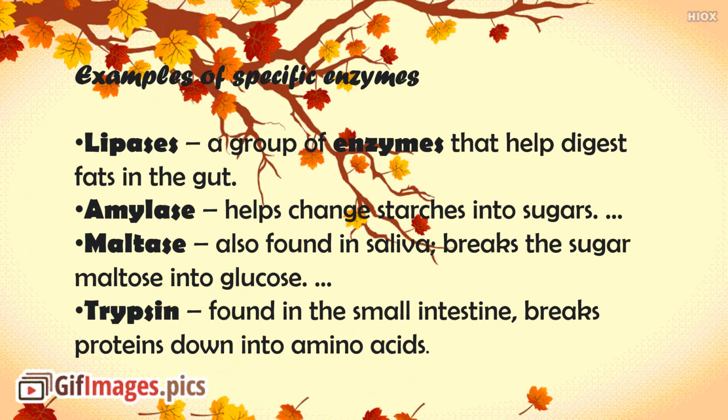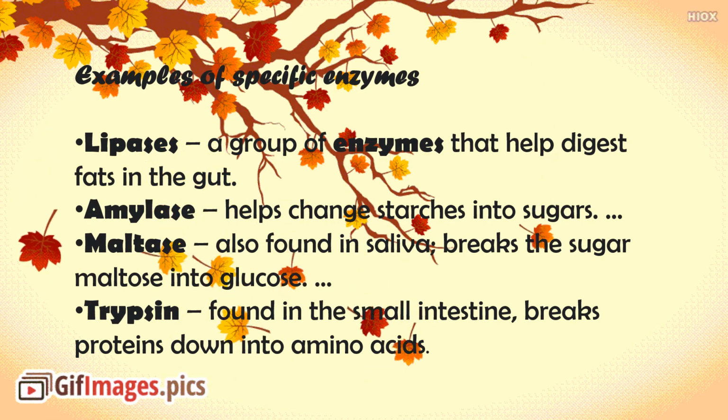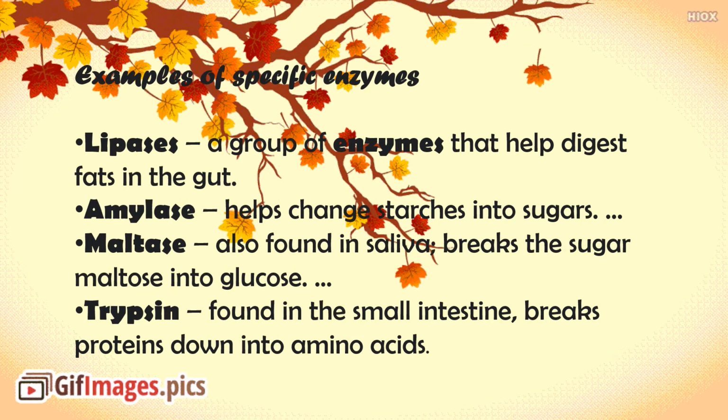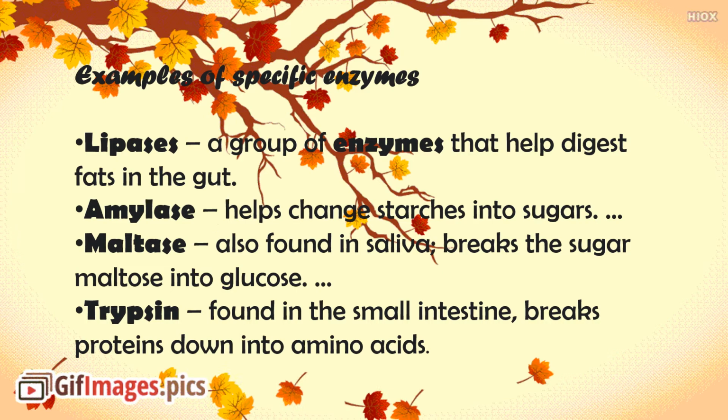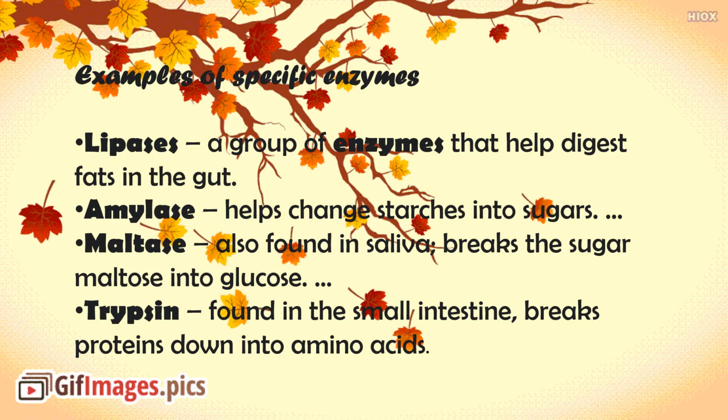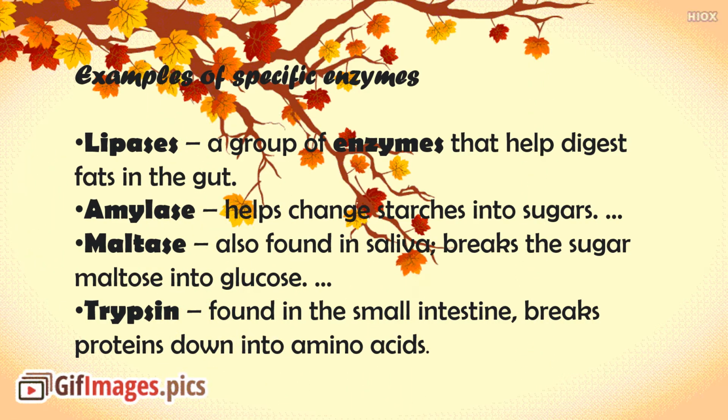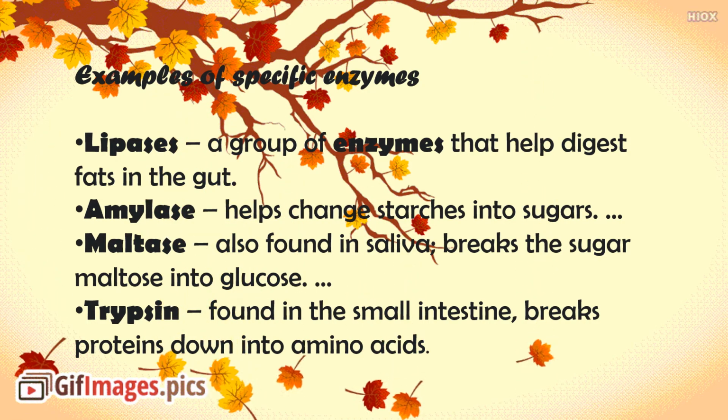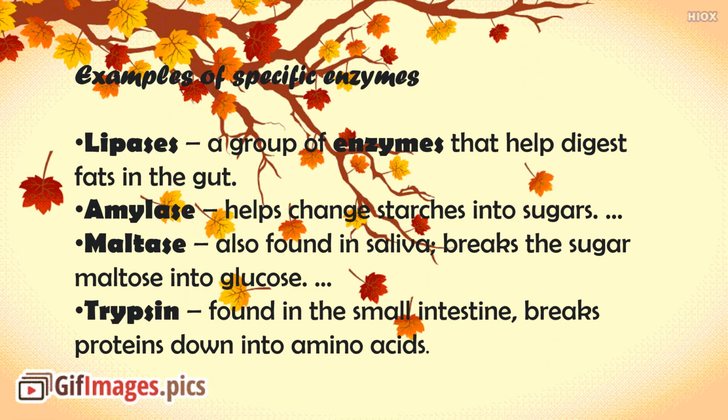Then we have the trypsin, found in the small intestine, and this breaks protein down into amino acids. Okay? So do not forget there are specific enzymes which help in the digestion process.